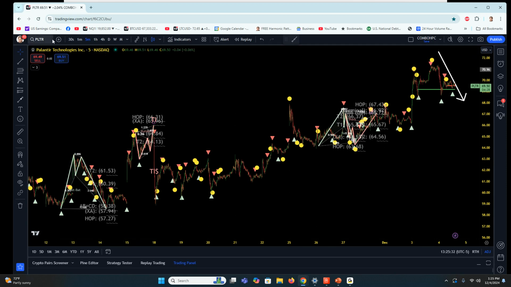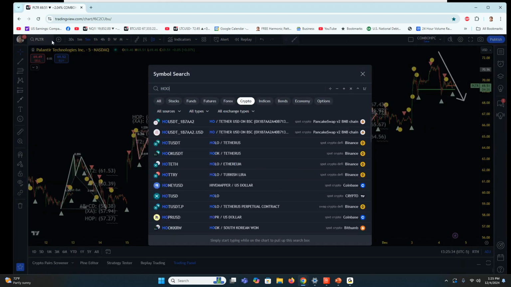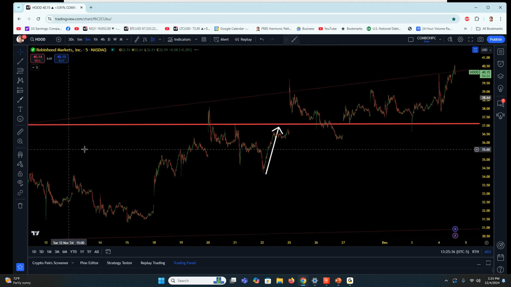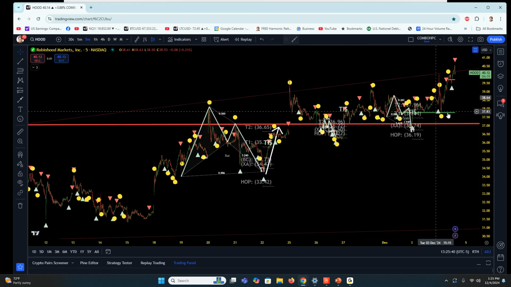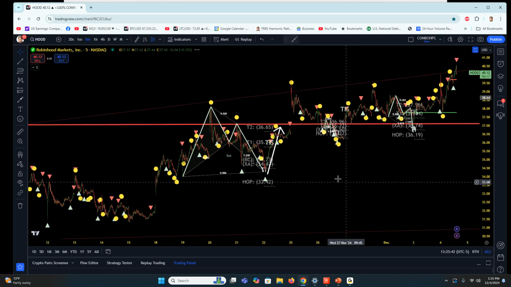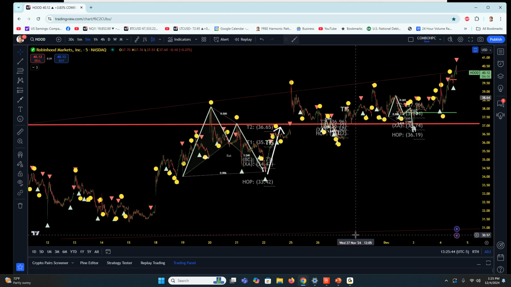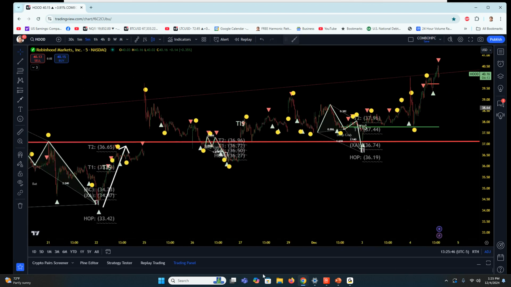Here's one that I've been hitting a lot. I'm doing a lot of day trading of Robinhood, and it's just been really nice. Bat pattern, crab pattern, small crab pattern. These are all on 5-minute charts. And this one, wow, it's above 40 now. But I caught this morning.